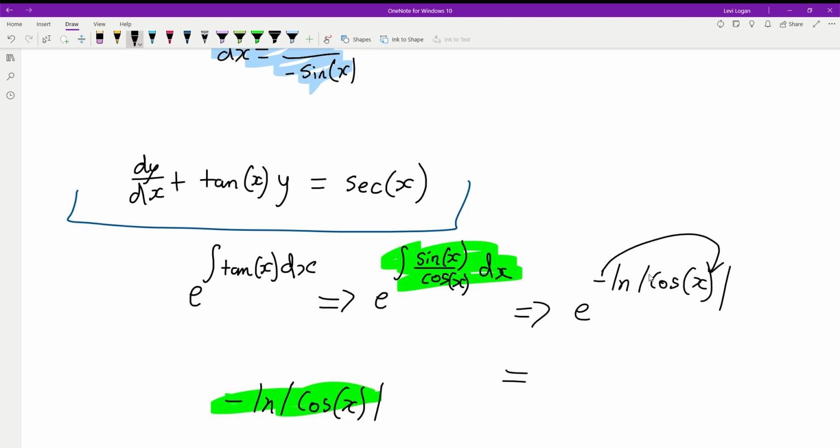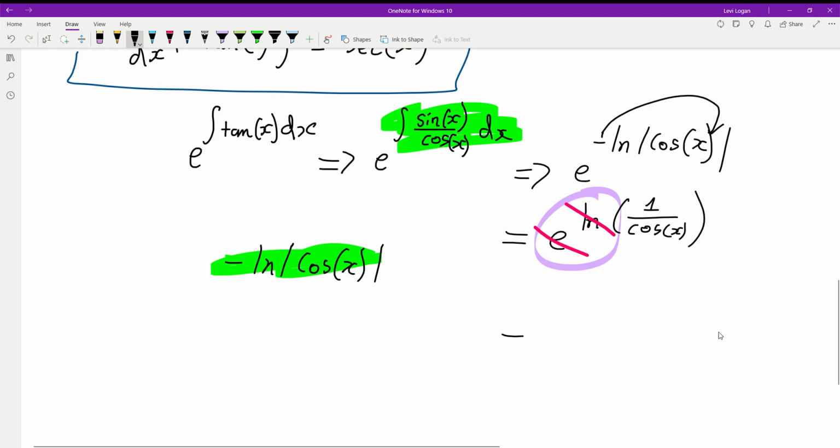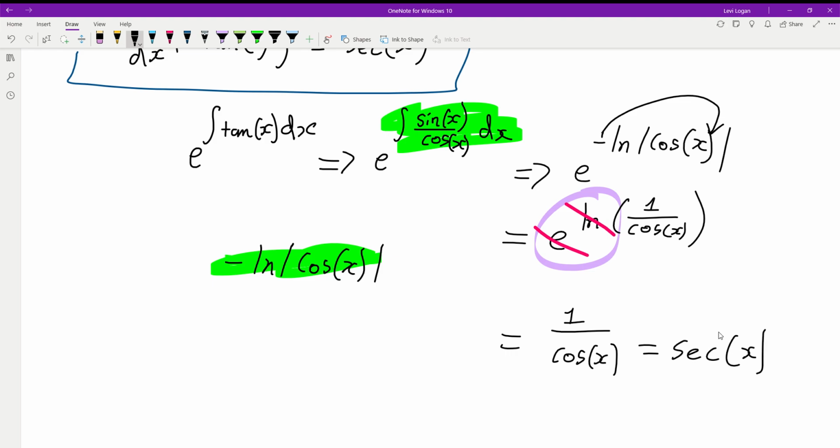So we can rewrite it as e to the ln of 1 over cos, because these are inverse functions, they effectively cancel each other out, leaving just whatever is in the power. So what we have is just 1 over cos x, which is just sec x. So our integrating factor we're going to multiply everything by is sec x.